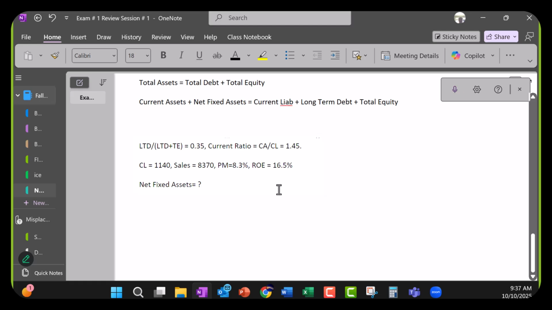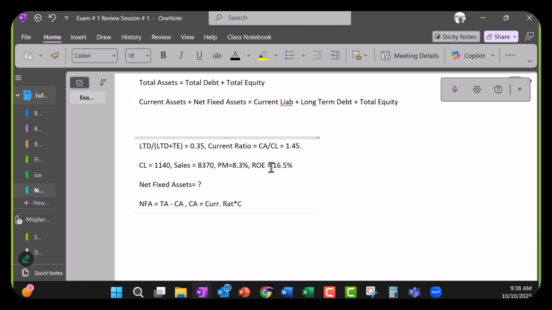All right, let's kind of build this. Net fixed assets is total assets minus current assets, correct? So we need to calculate both of those, but we can calculate current assets using current ratio times current liabilities.